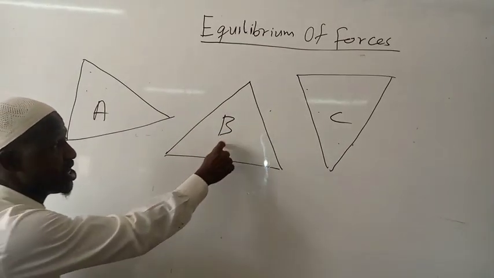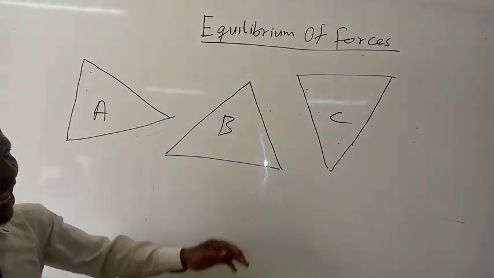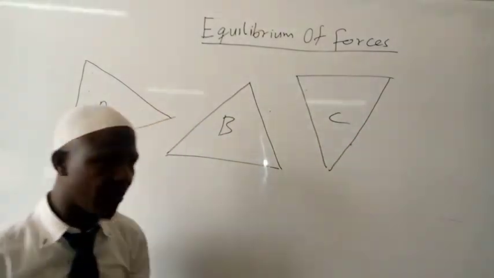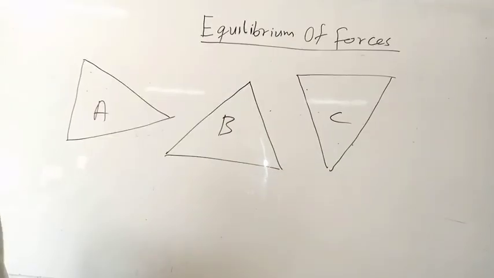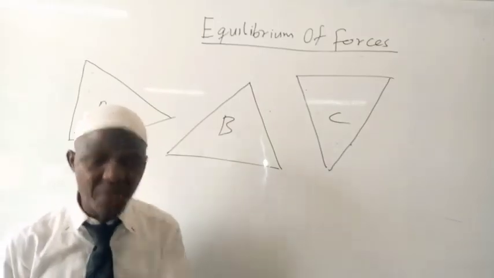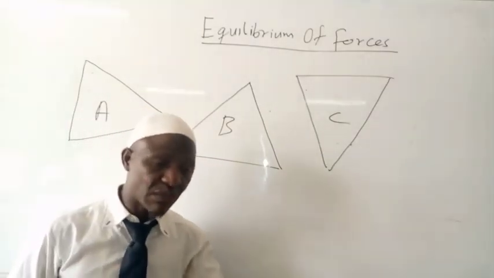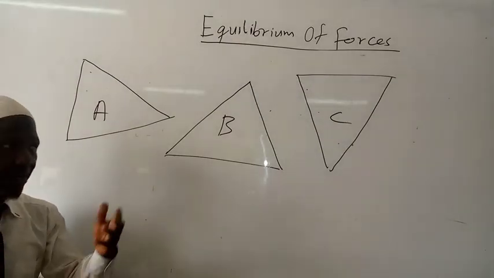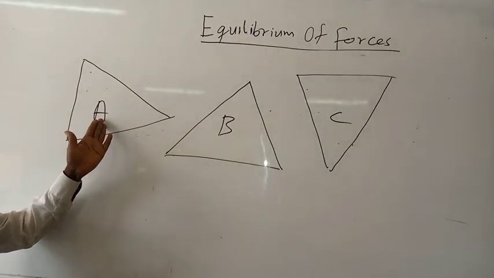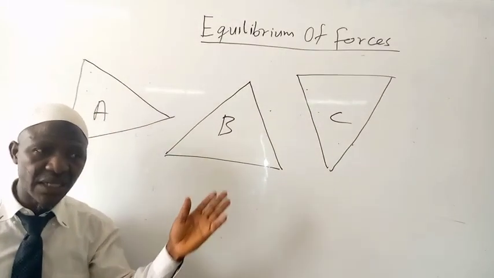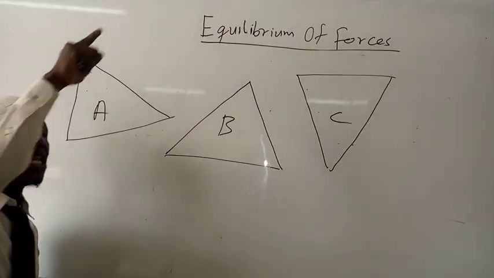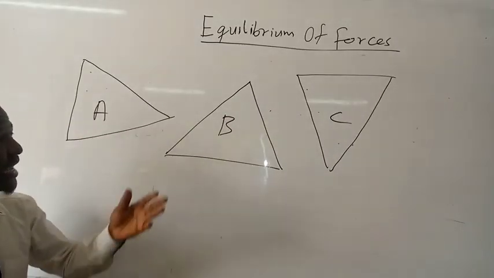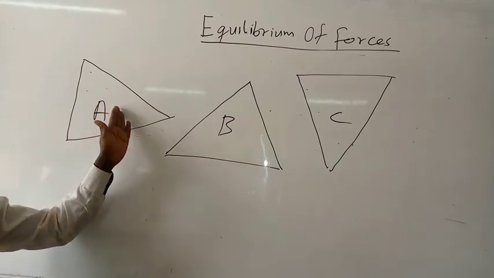So in that case, we say this body is stable. But the moment you apply a slight displacement to this one, what will happen? It will move away from its original position. So a body is said to be unstable if, after receiving a slight displacement, it moves away from its original position. A body is said to be neutral if, after receiving a slight displacement, it comes to rest in its new position, not the original position again, but a new position. So these are the types of equilibrium.